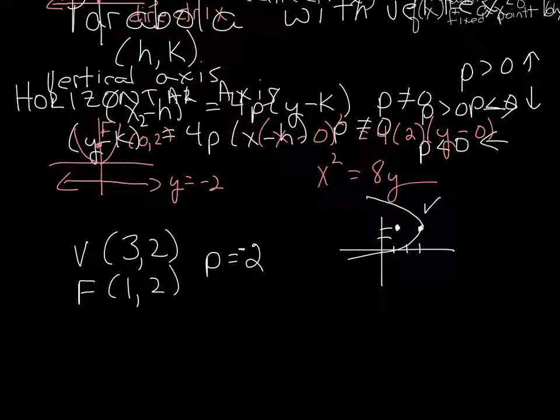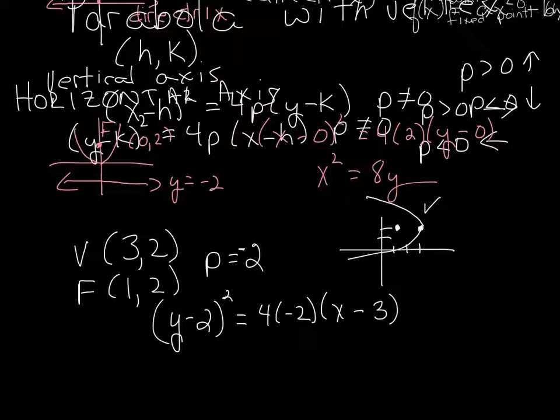So we're going to have y minus 2 squared equals 4 times negative 2 times x minus 3, or y minus 2 squared equals negative 8 times x minus 3.